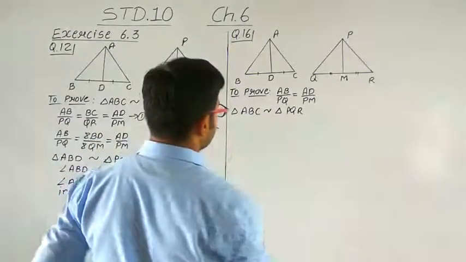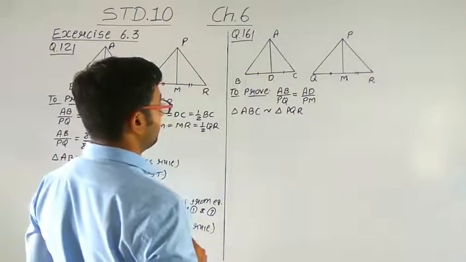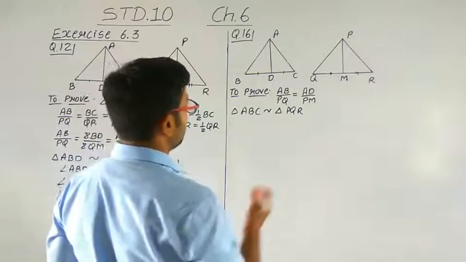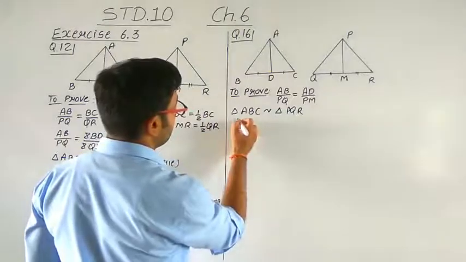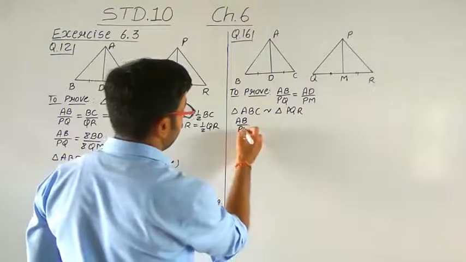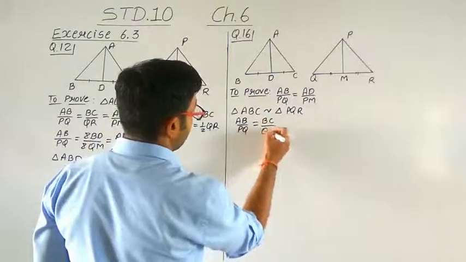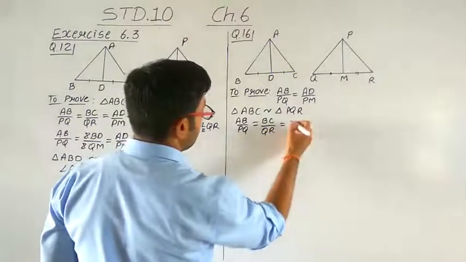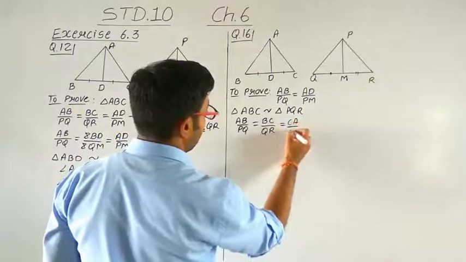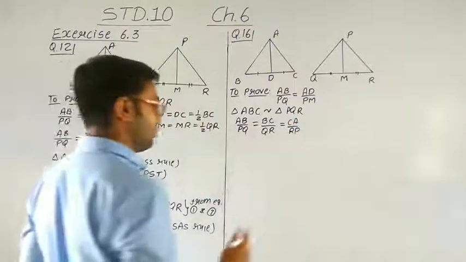These two triangles are similar, so their corresponding parts will also become equal. So we can write down that their corresponding sides are in proportion: AB upon PQ is equal to BC upon QR is equal to CA upon RP, and all the corresponding angles are also equal.